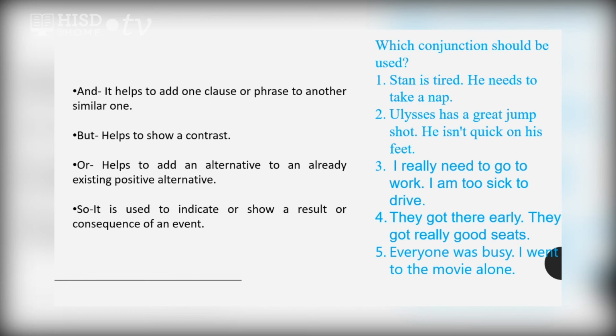He isn't quick on his feet. 3. I really need to go to work. I am too sick to drive. 4. They got there early. They got really good seats. And 5. Everyone was busy. I went to the movies alone.